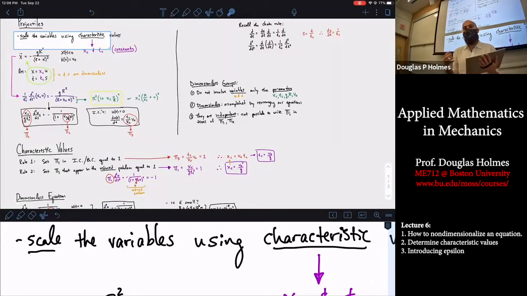Therefore we need to replace those 2 variables with 2 dimensionless variables, and in order to do that, we need to introduce 2 characteristic values, constant values, that will rescale the variables in the problem. Okay, that makes sense. Thank you.